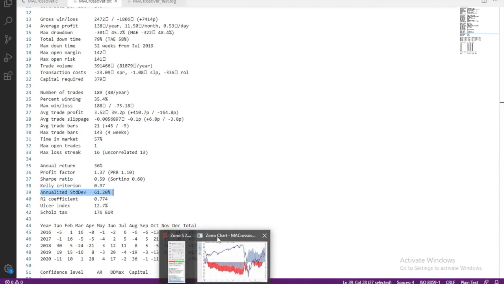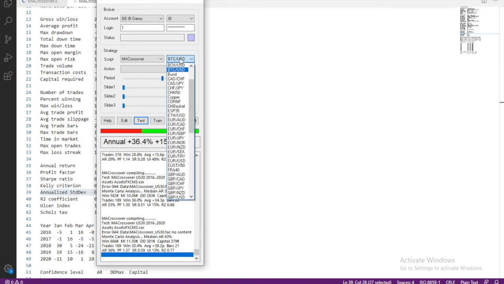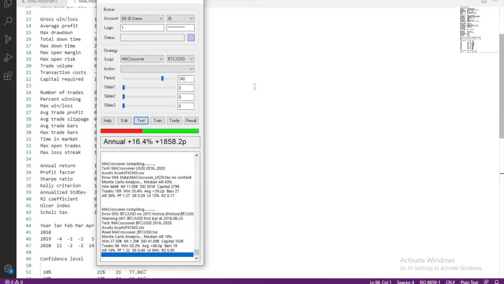Now, out of curiosity, a lot of people might be interested in how this works on Bitcoin. Let's have a quick look. Just test it in this form. So the long only crossover strategy would result in a 60% annual return.